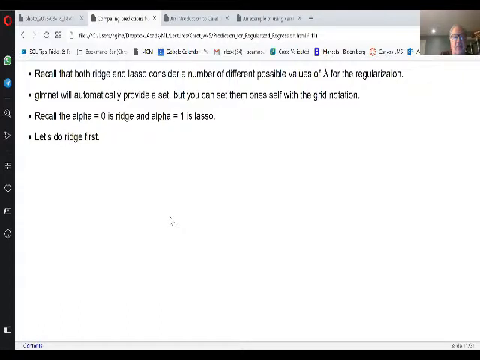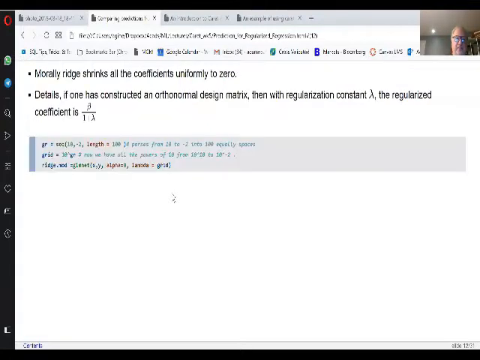And just remember that there's two parameters that are very important to us: the value lambda, which is the amount of regularization, and this parameter alpha, which tells you whether you're going for ridge or lasso. So just for randomness, I decided to do ridge first.